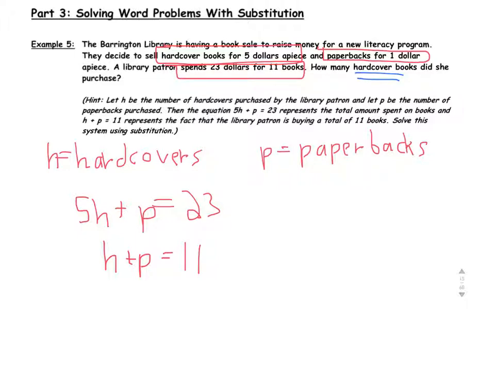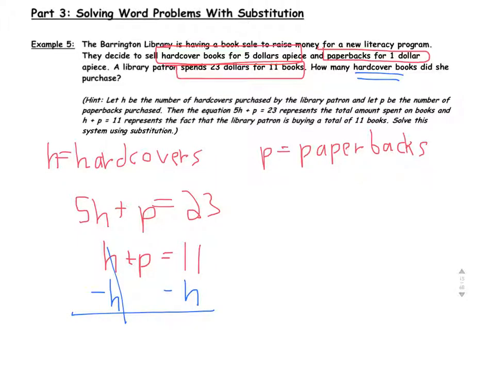If I want to know how many hardcover books were purchased, I actually don't want to solve for H. Instead, I'm going to solve for P in the second equation, which means I subtract H from each side.